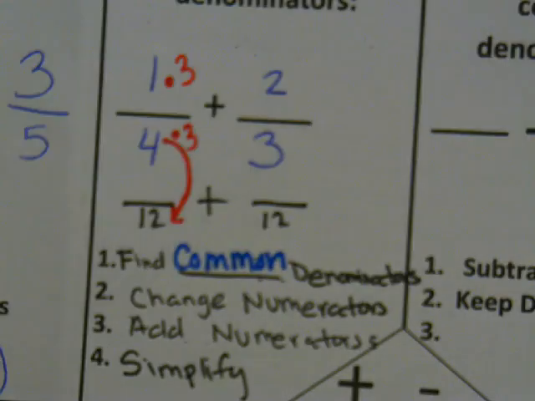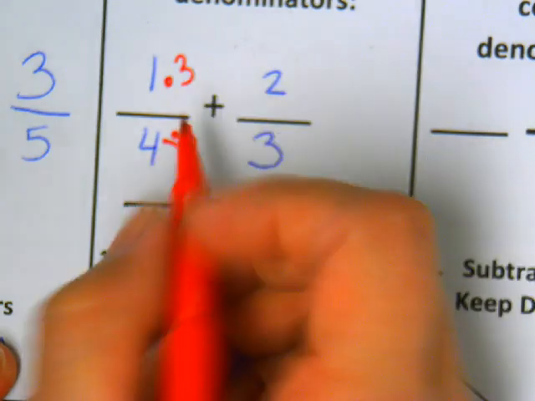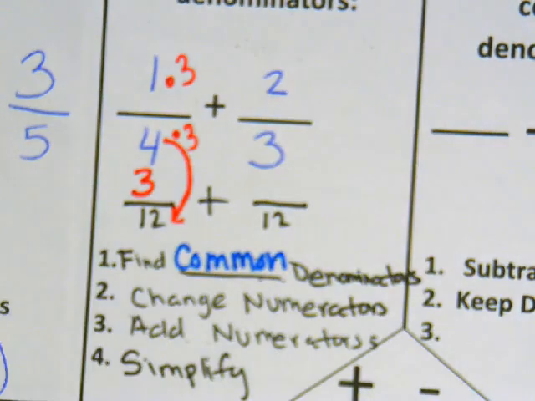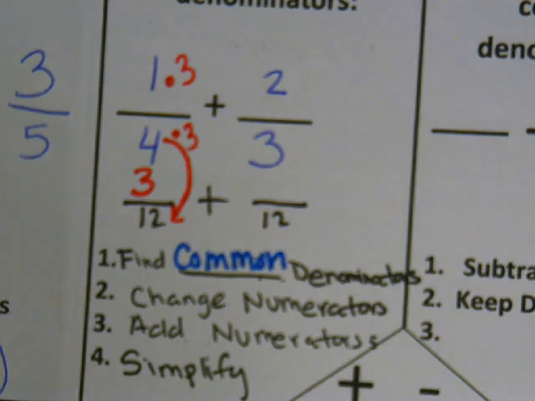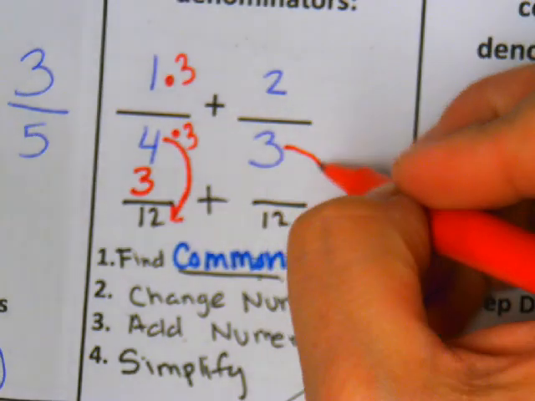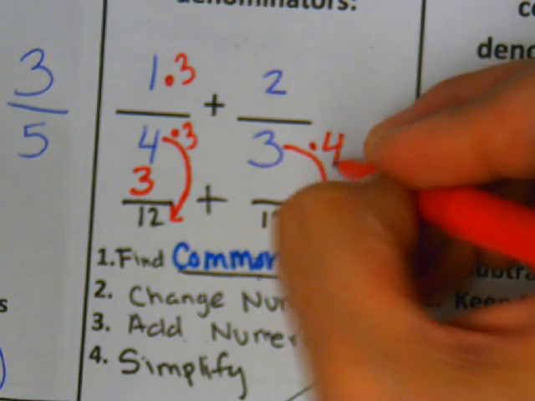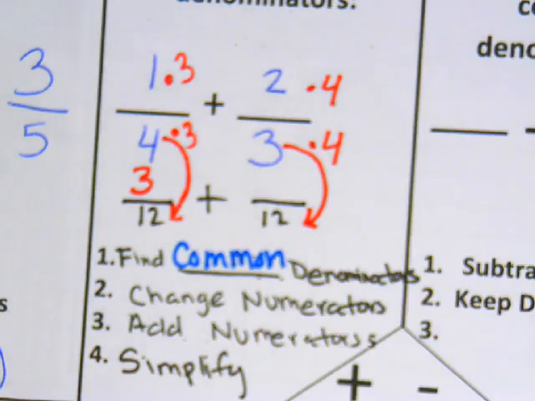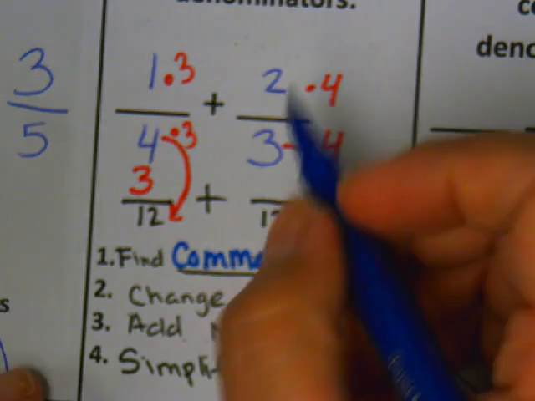All right, so what is 1 times 3? 3. So our new number up here is going to be a 3. Now, 3 times what is 12? 4. So I multiply the bottom by 4, and I multiply the top by 4. What's 2 times 4? 8.